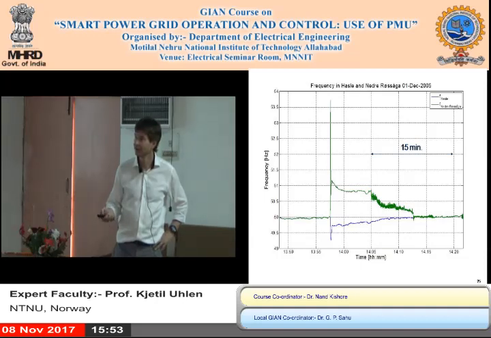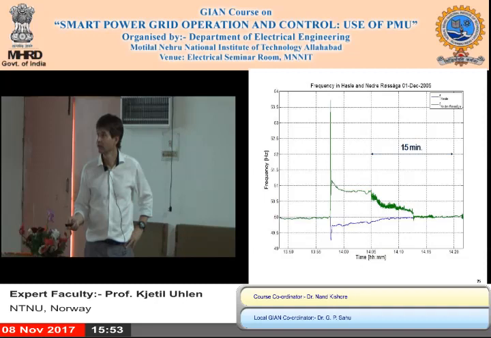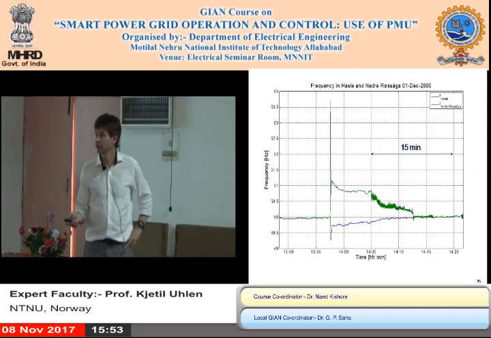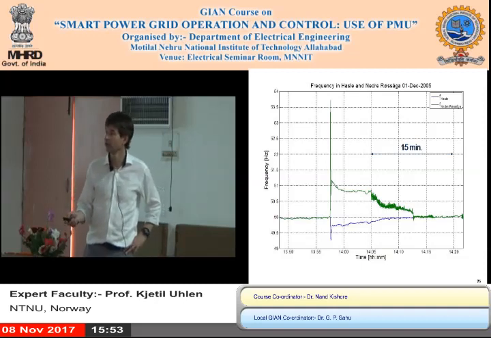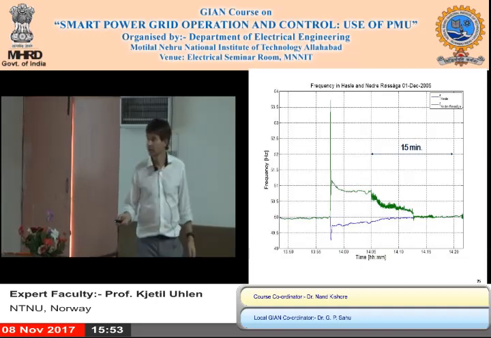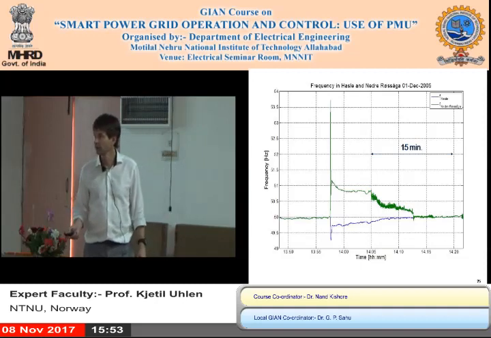And if you look at the information you get from the PMUs now, you can zoom in and look at the frequency. It was up to almost 54 hertz before it came down. You would have thought that might result in a blackout or shutdown, but luckily the generator protection shut down some generation and it came back. And you see the frequency drop in the rest of the system, so it went smoothly, but it was very close.